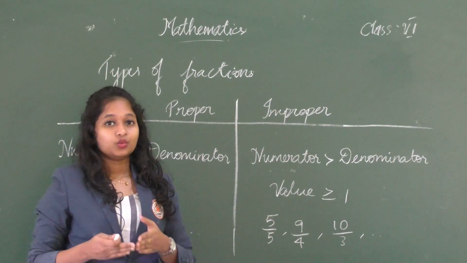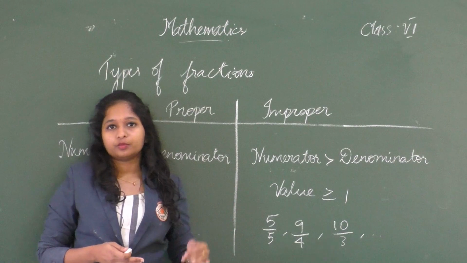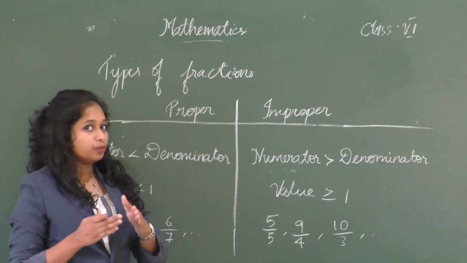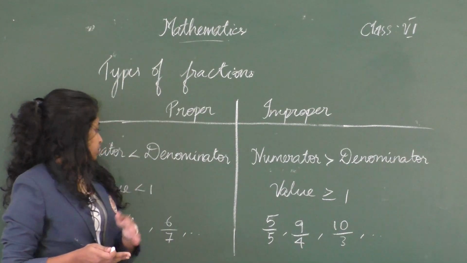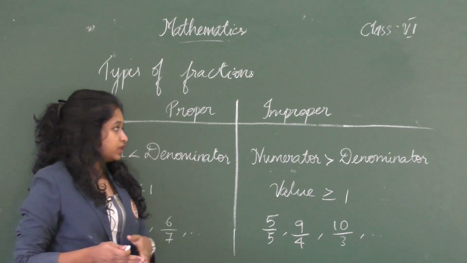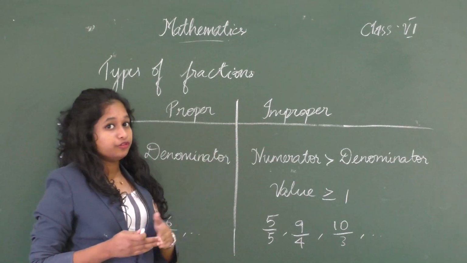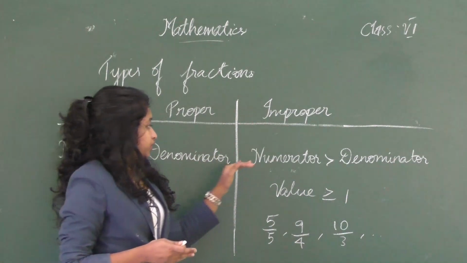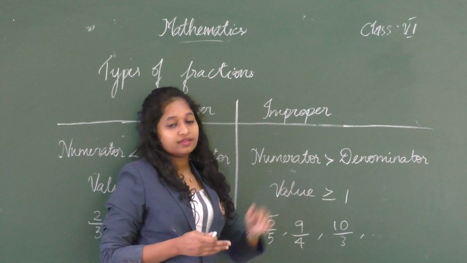Now let's see what are proper and improper fractions. The proper fractions are ones in which the numerator is less than the denominator. And improper fractions are ones in which the numerator is greater than the denominator.